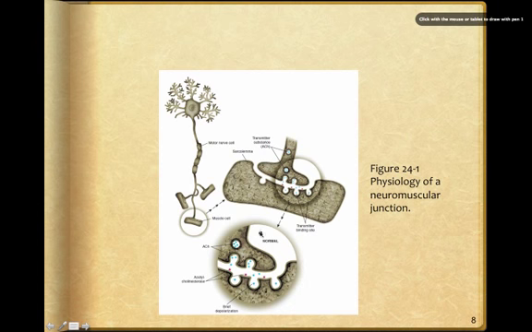In the normal function, acetylcholine hits the receptor site, and then once it transmits its message to activate, the acetylcholinesterase breaks down any remaining acetylcholine in this neuromuscular junction.